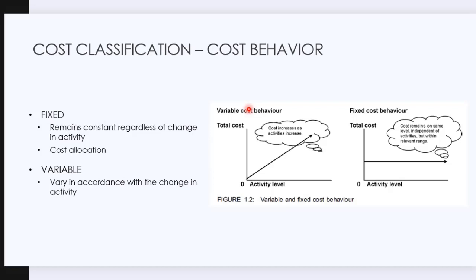You don't care that there was COVID and sales dropped. Some companies during COVID still maintained and paid people their salaries. So I'm giving an example so that you understand that when we say regardless of change in activity, you are getting paid.